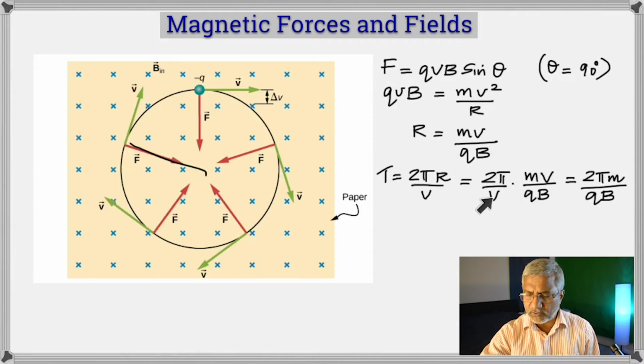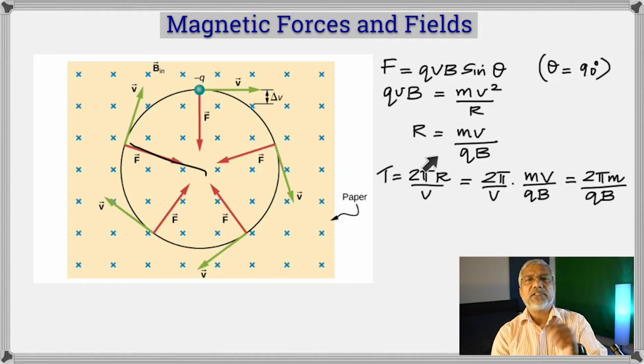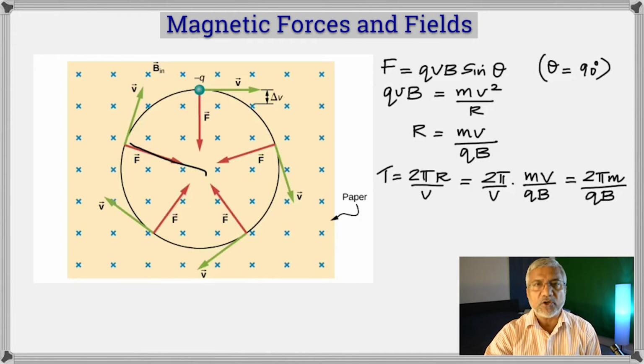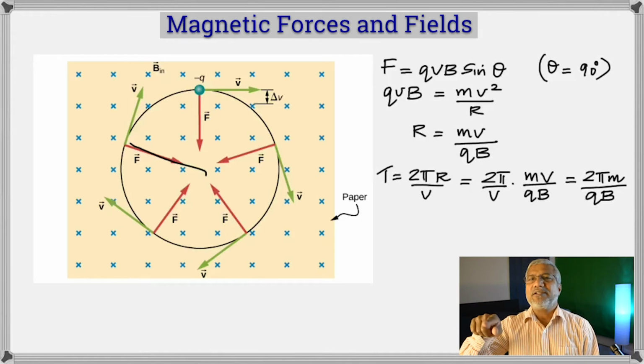Wow. That means the time period is independent of the velocity. Whether the charged particle is coming in slow or fast, it'll take the same time period. Why? Because if it's coming in fast, the radius is bigger, so it goes around in a bigger circle.